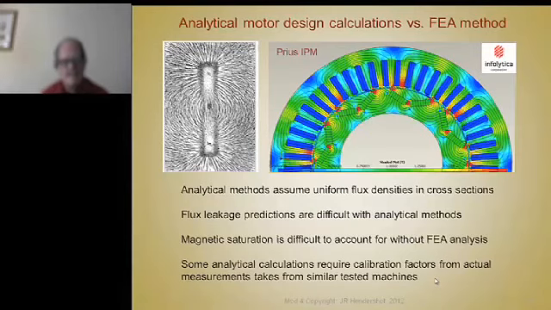What happens is if I had iron around that, like you have in the picture on the right, all we can do when we calculate magnetic circuits is assume that the flux density, using classical analytical methods and formulas, is always uniform in any given cross-section, because that's the only way you can design it.